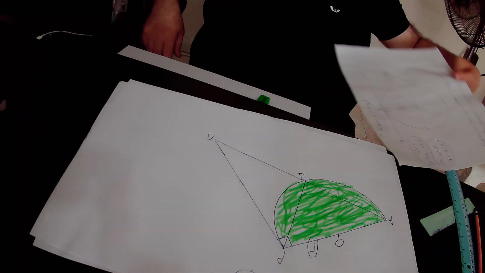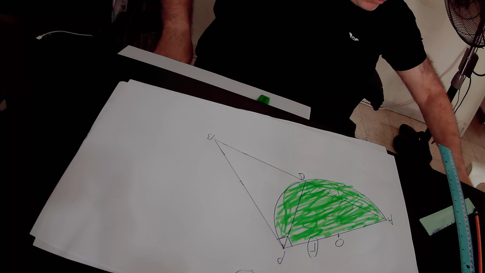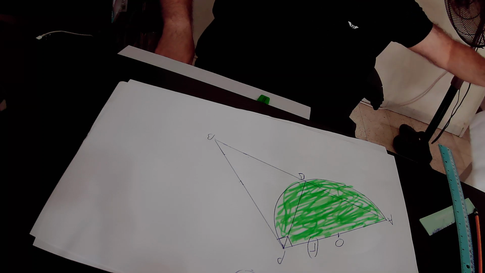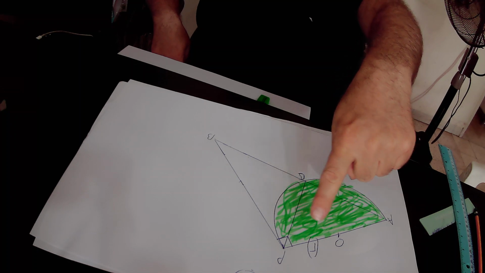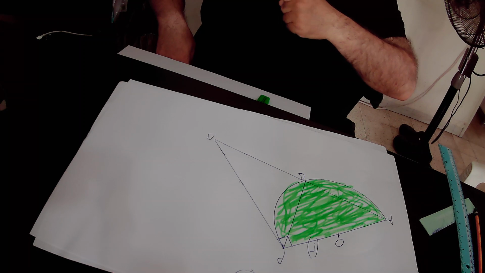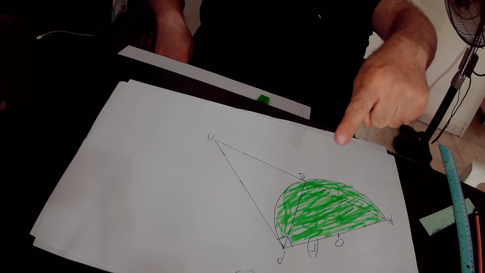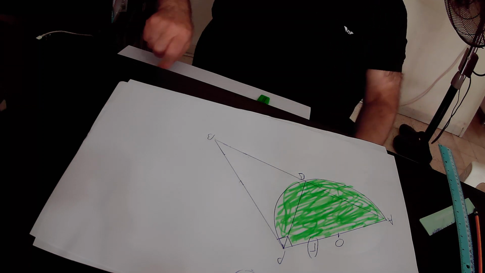So we can actually implement Rule 1 in our drawing. Why? Because in our drawing we have line segment BP that is perpendicular to the radius PO. And therefore, according to Rule 1, line segment BP must be defined as a tangent to this green circle. So write it down.